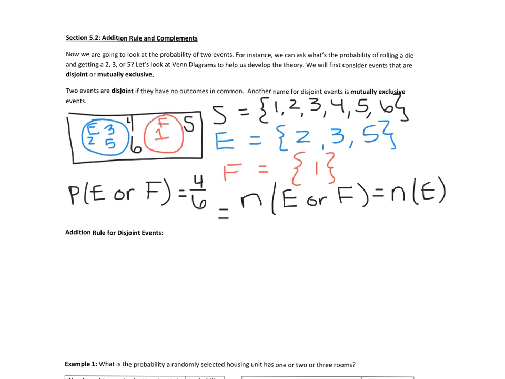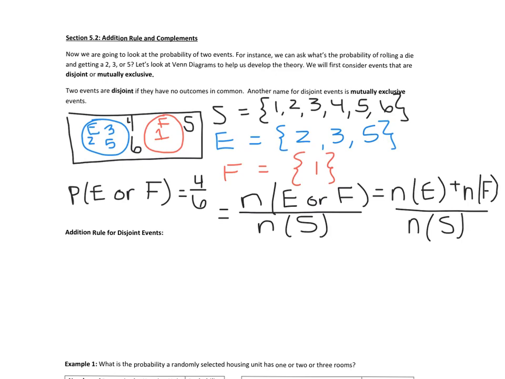So again, little n means the number of outcomes in event E or the number of outcomes in event F. And once we had those numbers, to find the probability, we took them out of the total outcomes in the sample space. So notice our new notation, little n means number of outcomes, in this case, in the sample space.